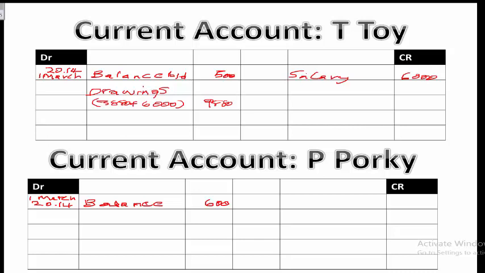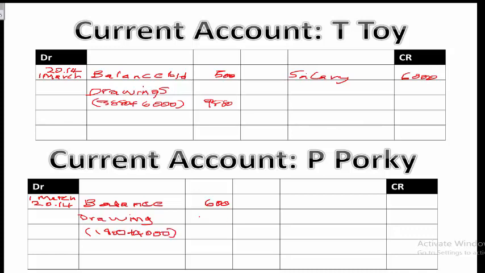For this transaction, we are going to record, as we have read, under drawings. So we have drawings right here. We had 1,800 according to the list of balances plus 4,000.